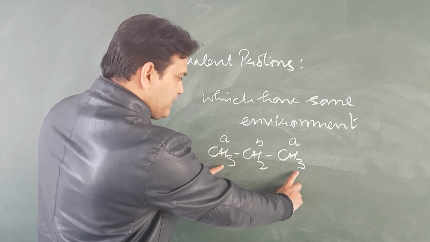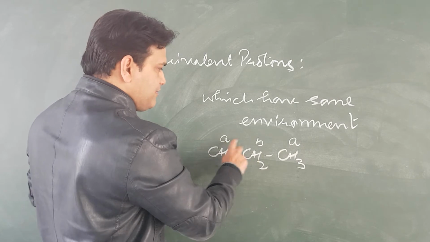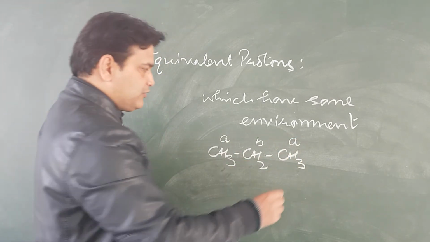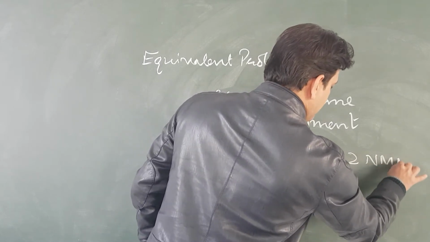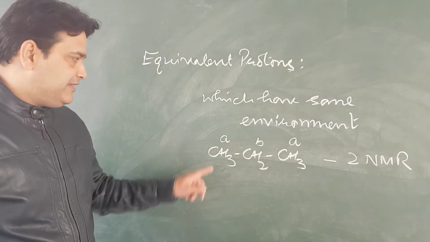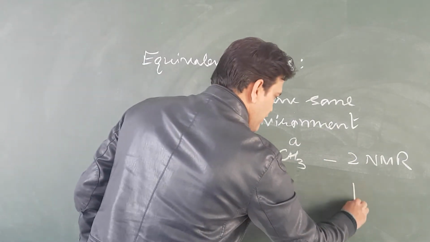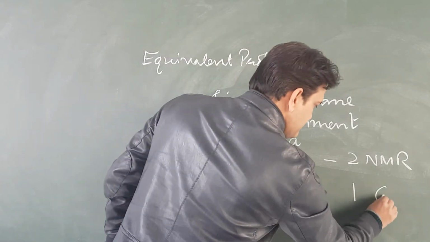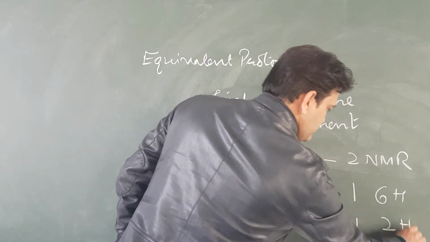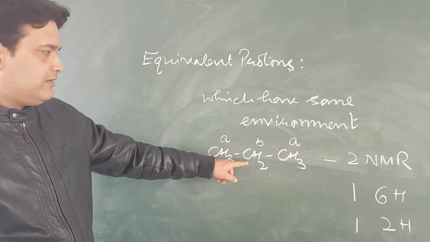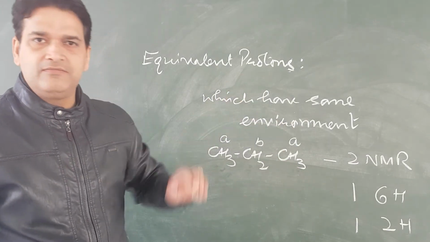So both of these sets are equivalent. So they are termed A and this is B. In this case there will be 2 NMR signals. One will be due to 6 protons and one will be due to 2 protons.